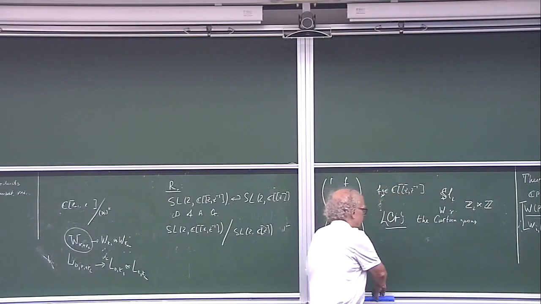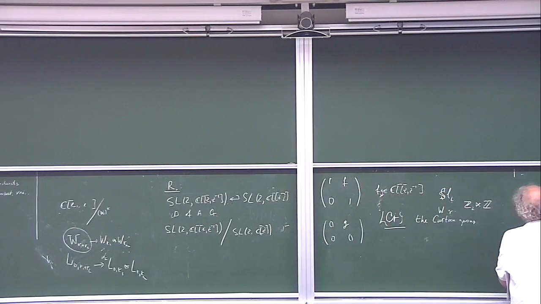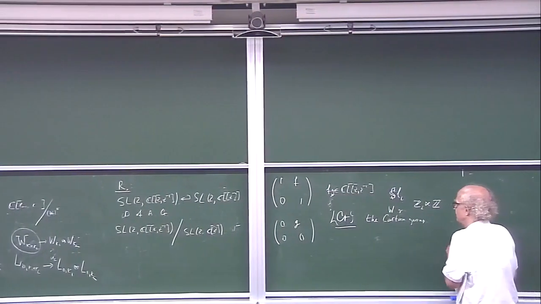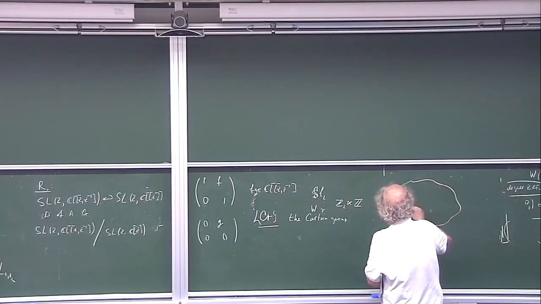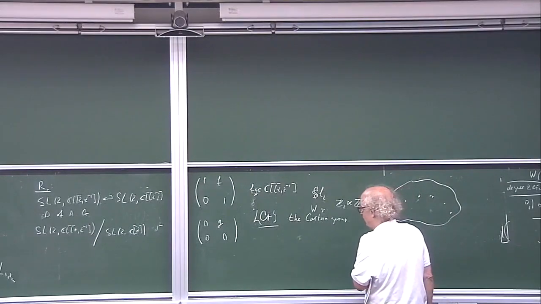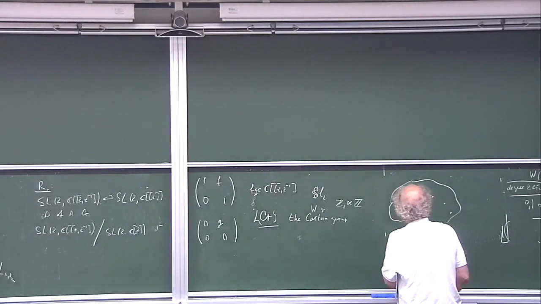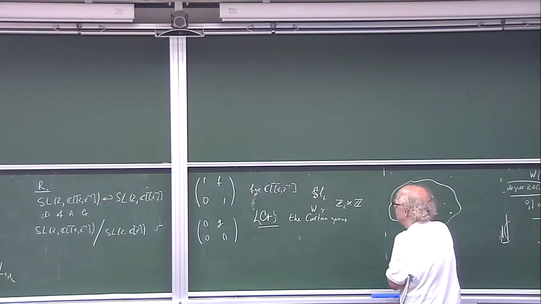And so our structure is the following. I have this Grassmannian. I have fixed points, which are labeled by Z. Then I can take any fixed point and act on it.